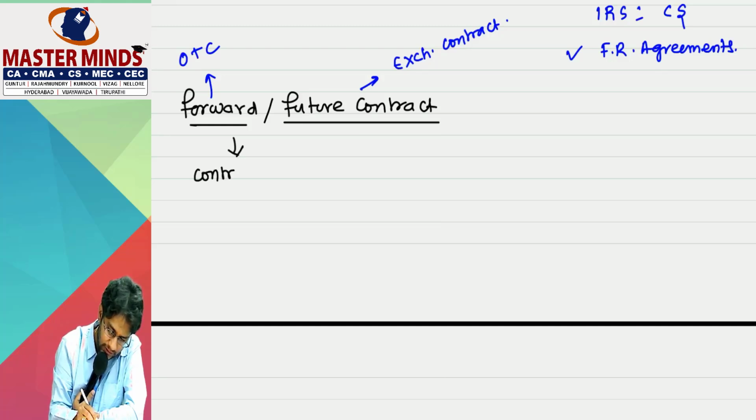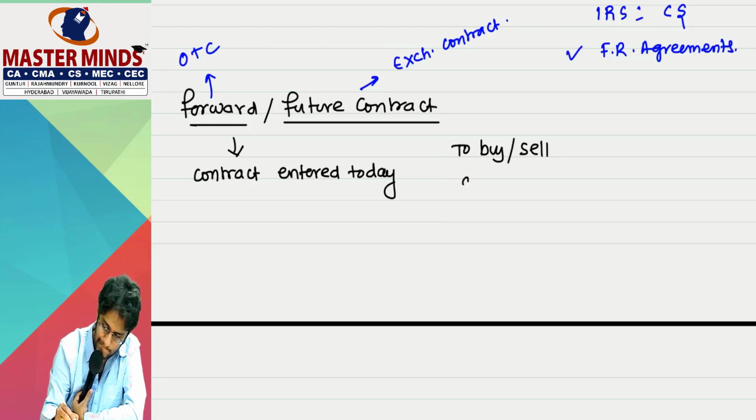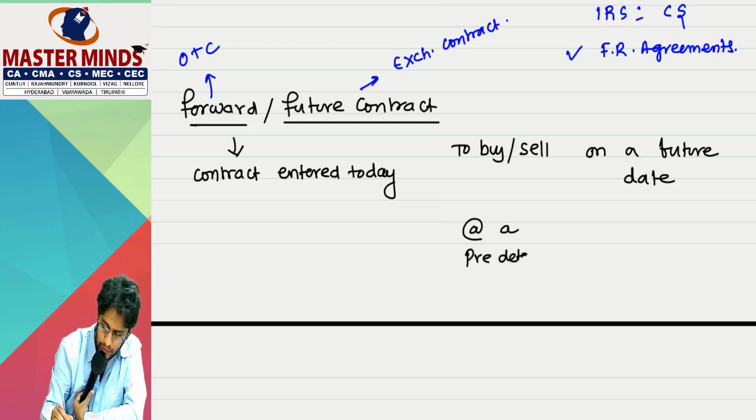It means it is a contract entered today to buy or sell on a future date at a predetermined price.